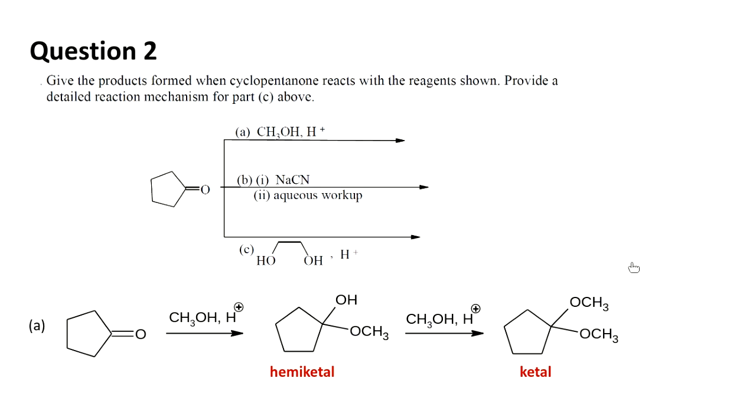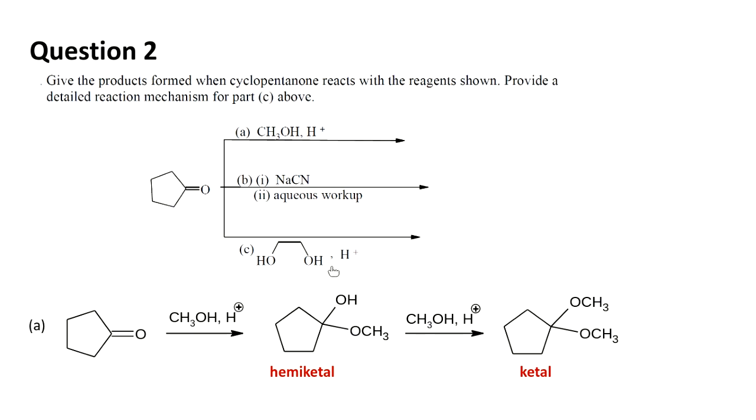In part C, you'll see the actual mechanism, because I did the mechanism for the diol, and I want to show both, because in this step you are using 2 molecules of the alcohol. In part C, you already have a structure that has 2 OHs. The reaction occurs twice.